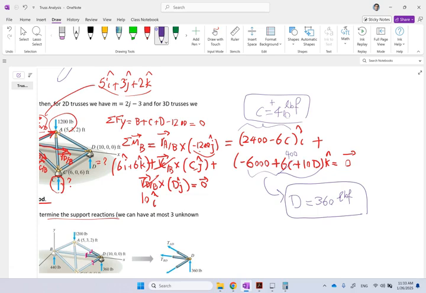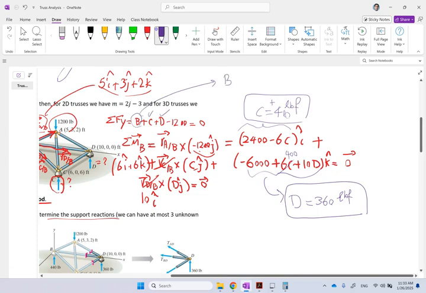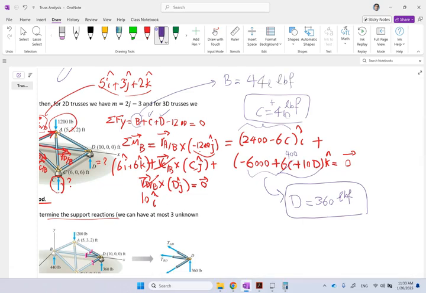So you got C and D, and now you plug in C and D here, and that should give you also B. And if you solve for B, you're going to get positive 440 pounds. There we go.